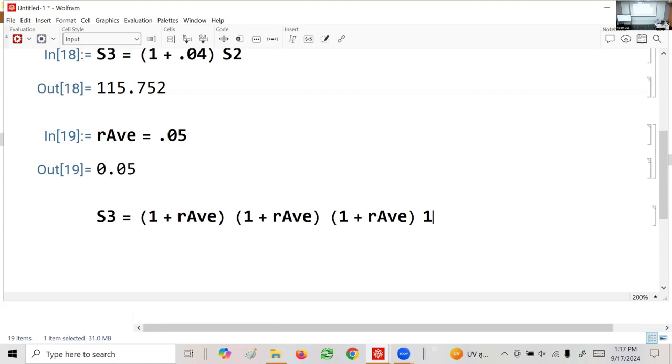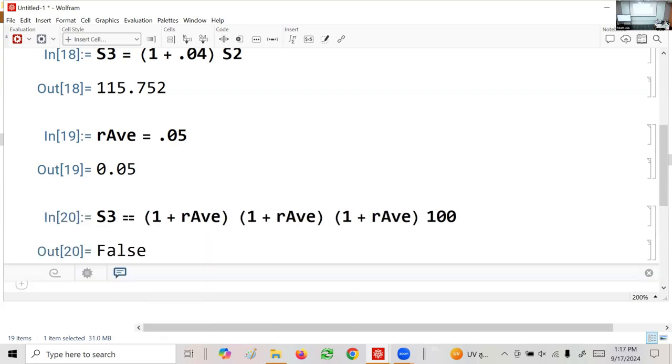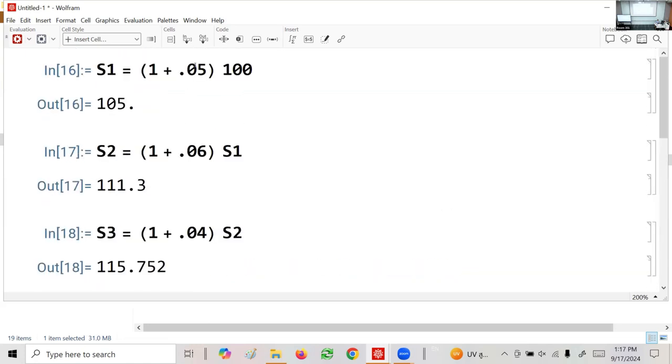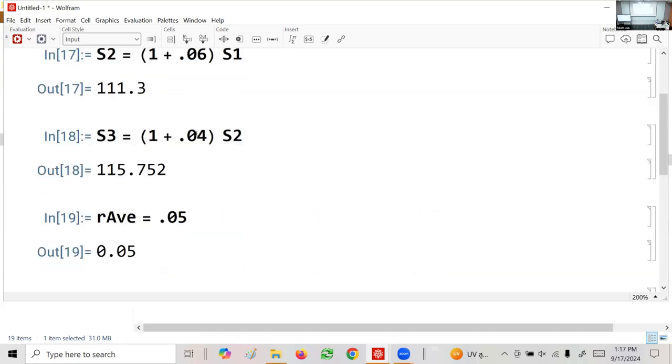Should it? The answer is false, because the average in this sense is arithmetic average.